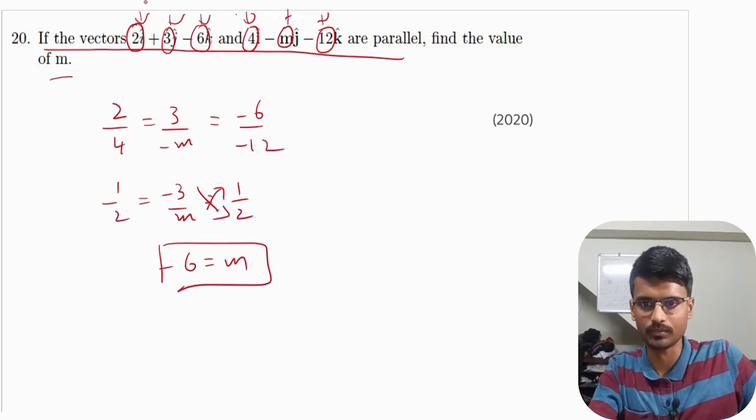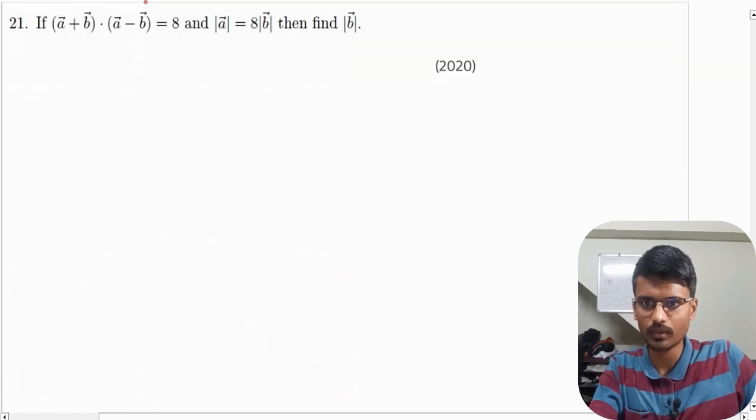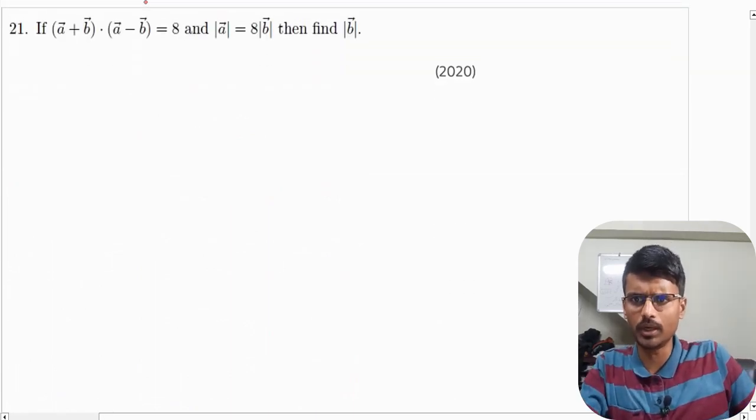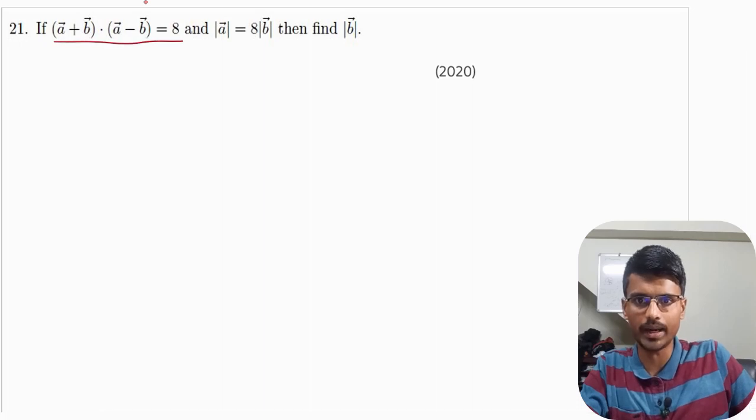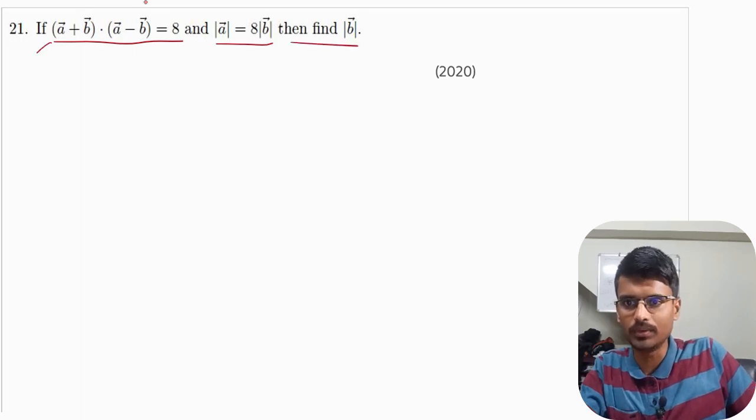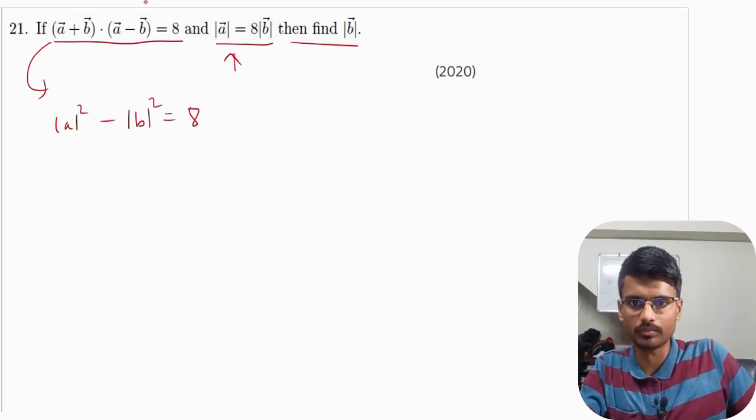Okay, simple question. This is an interesting one. They have given us, if (a + b) dot (a − b) is equal to 8 and the magnitude of a is equal to 8 times the magnitude of b, then find the magnitude of b. So this is a direct expression. This is nothing but the square of the magnitude of vector a minus the square of the magnitude of vector b is equal to 8. They have already given us the value of a: a is 8b.